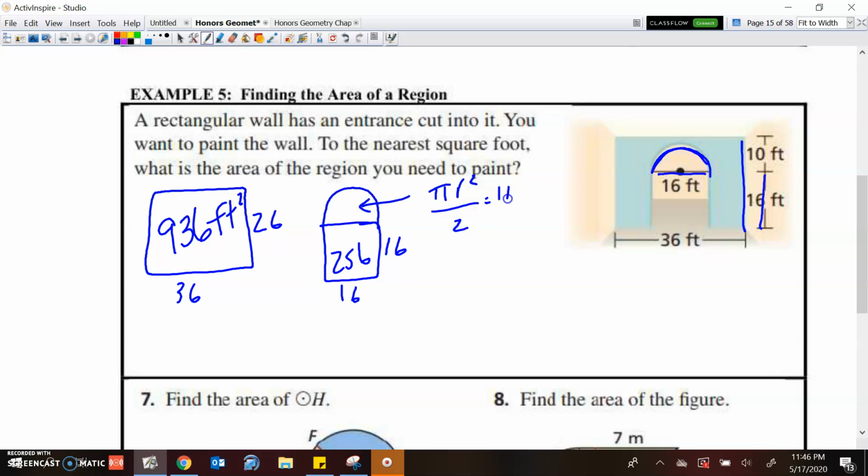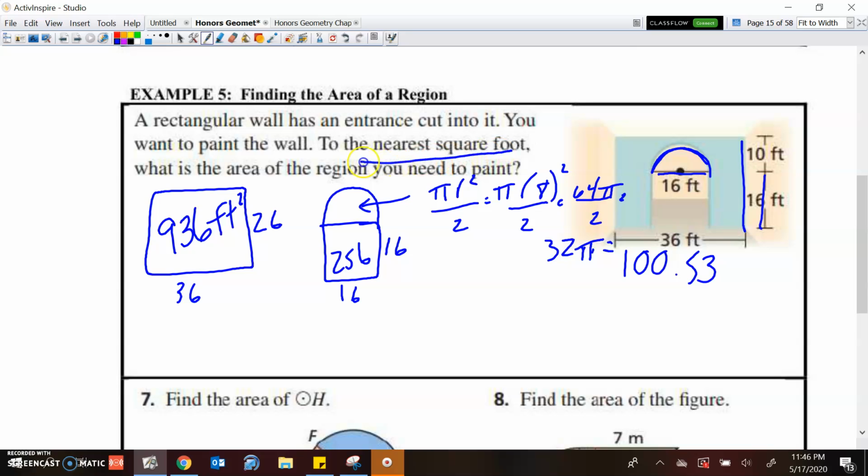So pi times my radius, 8, squared over 2, which is going to be 64 pi over 2, or 32 pi, which is actually about 100.53. Okay, so we're buying paint here. Again, it's to the nearest square foot. So the area of this top portion is 100.53.